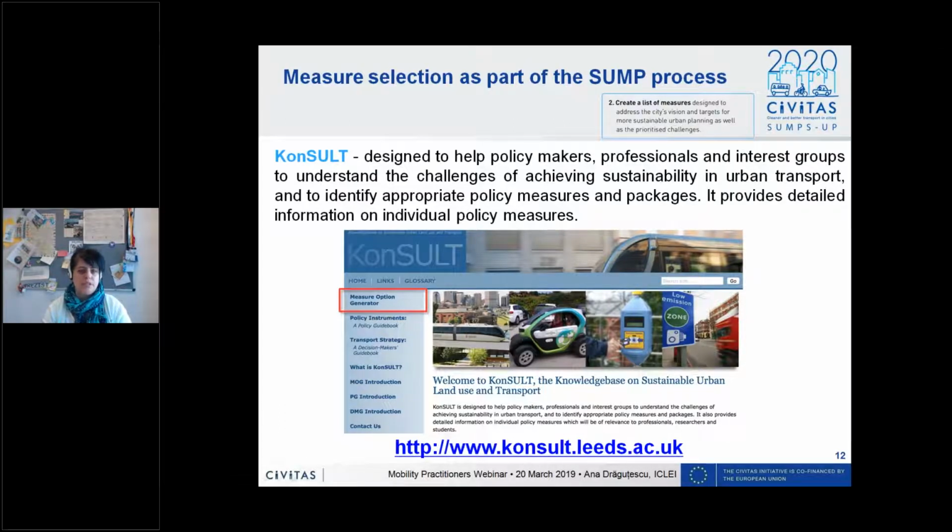Consult was designed to help policymakers, professionals, and interest groups to understand the challenges of achieving sustainability in urban transport, and it can support the cities to identify appropriate policy measures and packages, and it provides detailed information on individual policy measures. You have the URL for reaching Consult at the bottom of the slide.